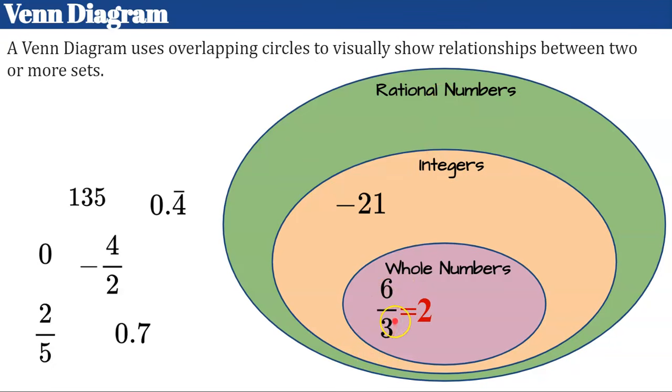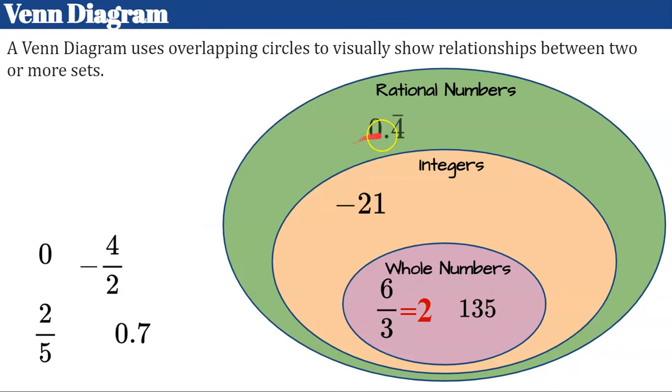So 6/3, which is equivalent to 2, is a whole number, an integer, and a rational number. By putting it in this middle circle, it's telling me that it's part of all the circles. Next number is 135. That is a whole number and belongs in the whole numbers. Again, 135 is a whole number, an integer, and a rational number, because I could write it as 135 divided by 1.